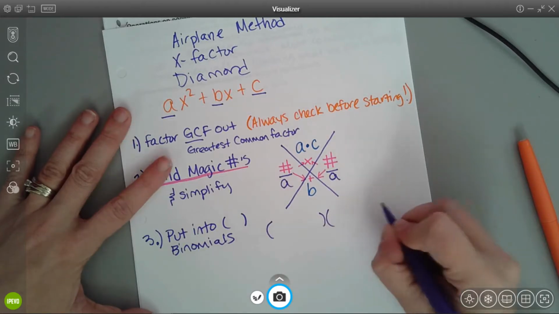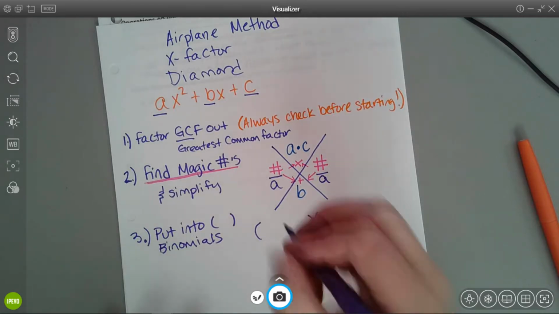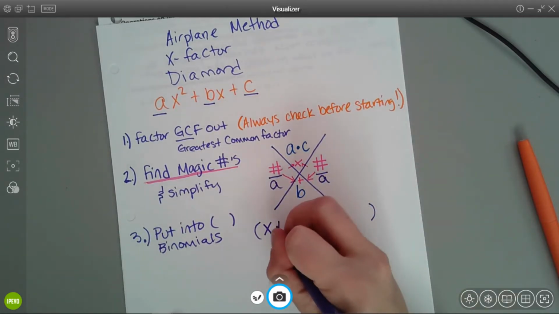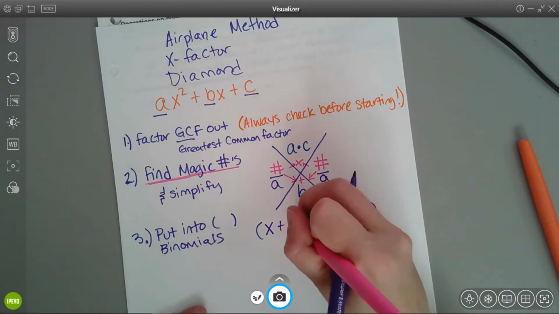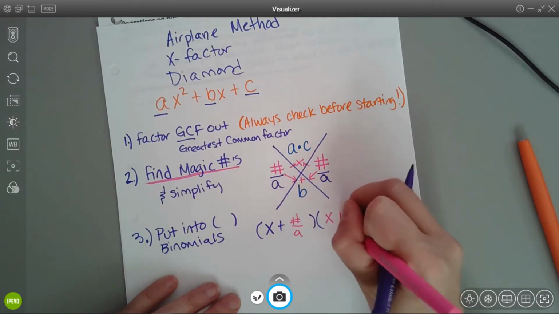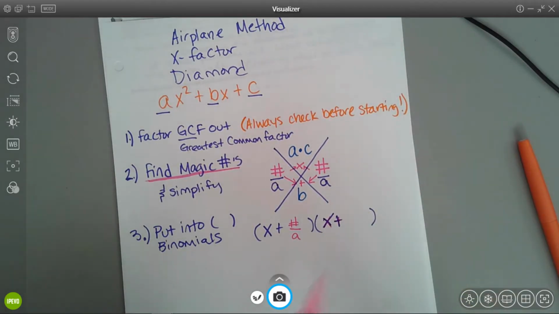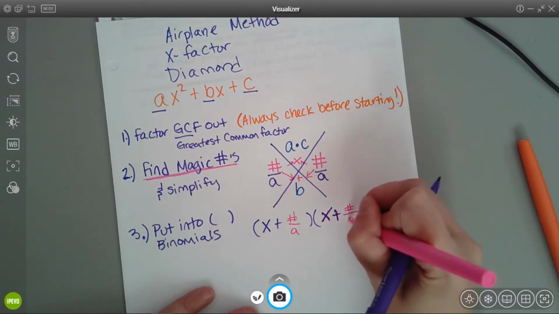And here's our two sets of wings on the airplane. We're going to say X plus my magic number divided by A, and X plus my magic number divided by A.